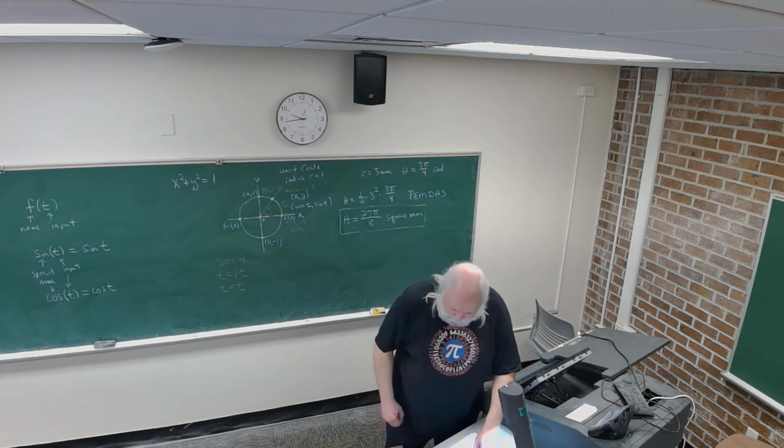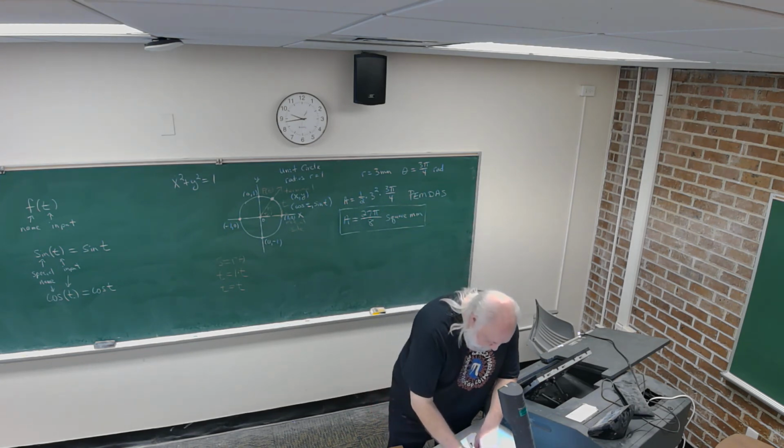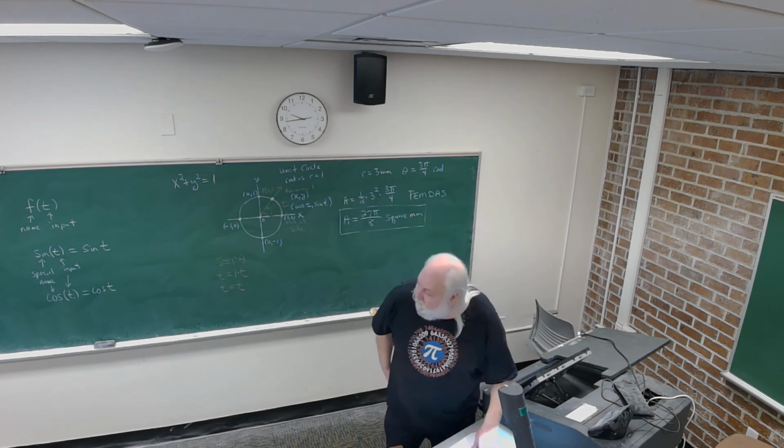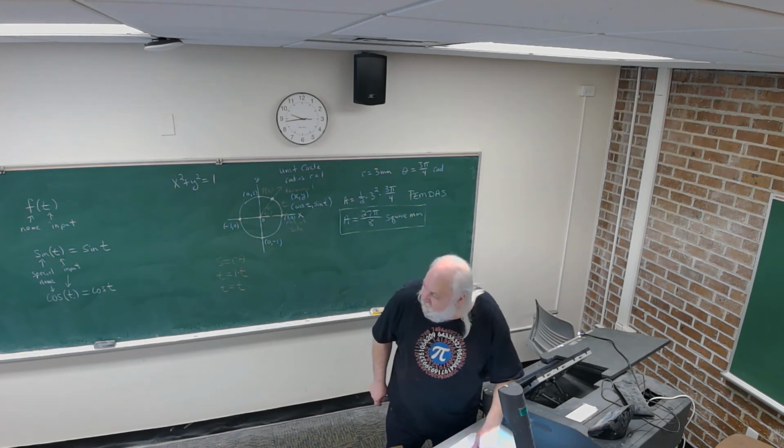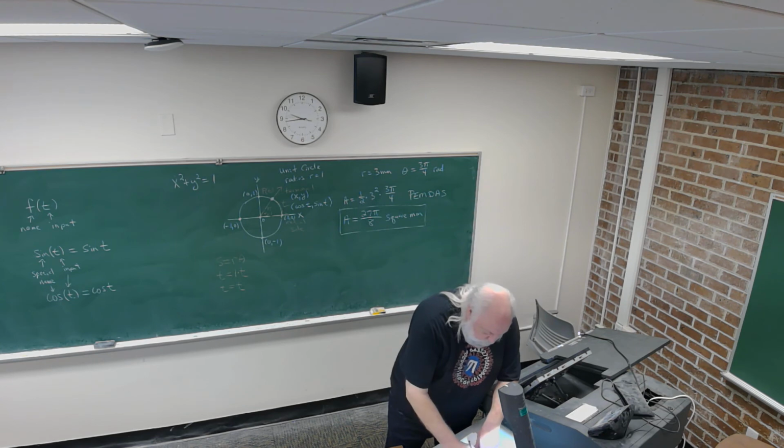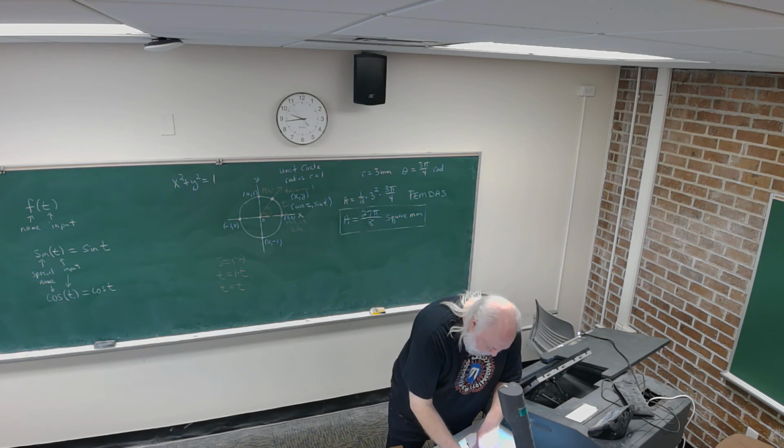So if the point P of t lands in the first quadrant, where the terminal side goes through that point, you know x is equal to cosine t and y is equal to sine t.